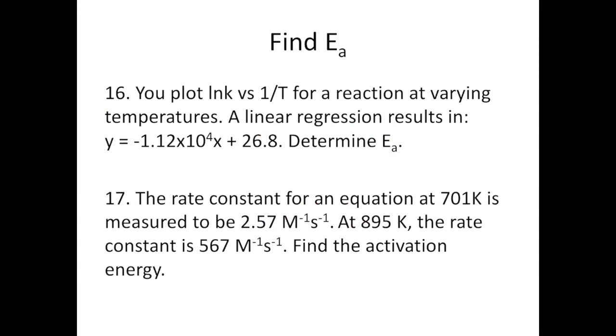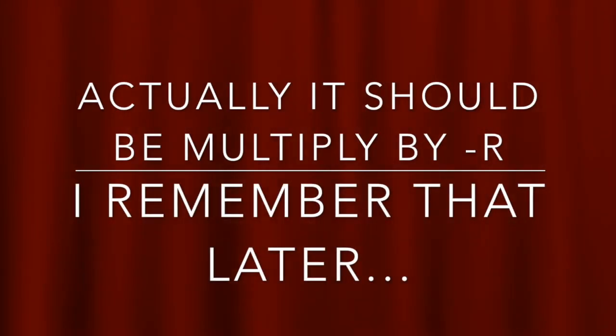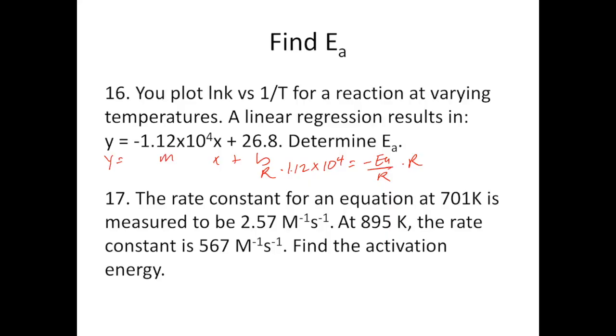All right, let's do 16 and 17. We have y equals mx plus b. So here is our linear regression. Determine EA. So all I have to do here is say that 1.12 times 10 to the 4th is equal to negative EA over R. So I multiply both sides by R to find my activation energy.